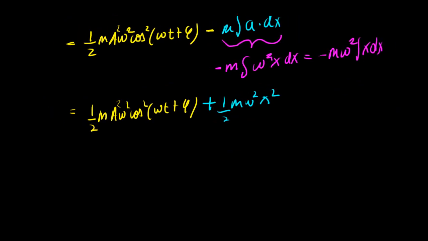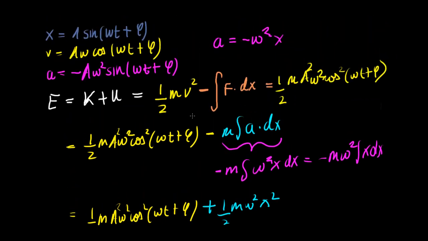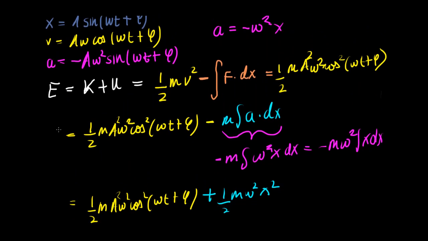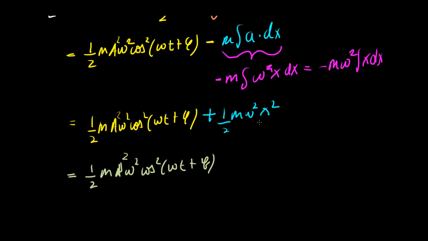So where do we get with this? So this is half m a squared omega squared cosine squared of omega t plus phi, plus x is this, right? A sine of omega t plus phi, right there. So plus half m omega squared times a squared sine squared of omega t plus phi, right?